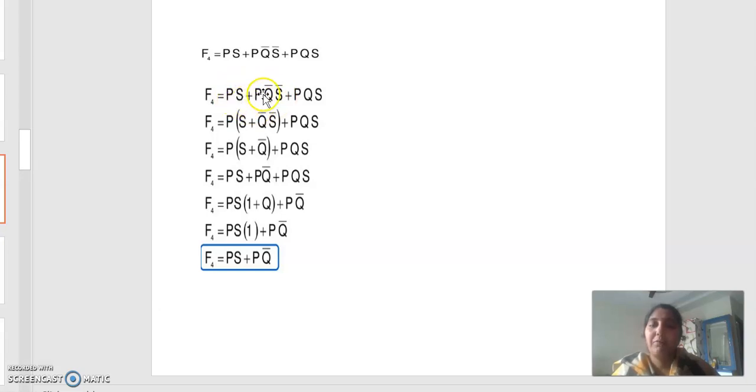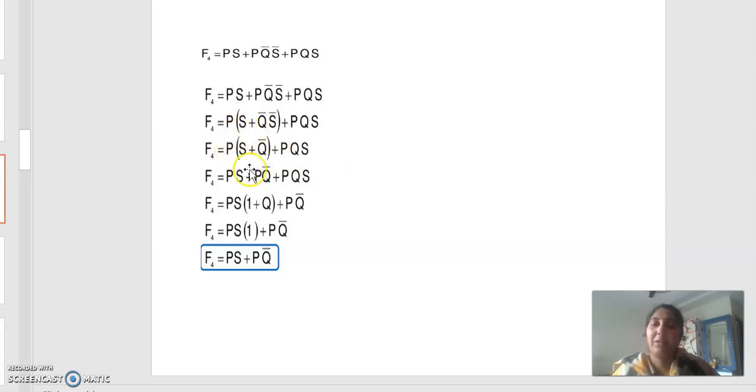If you observe these two terms, we can take P as the common term, so it can be written as P into (S plus Q bar S bar). Here S plus Q bar S bar, like A plus A bar B, can be written as A plus B. So S plus Q bar, plus PQS.